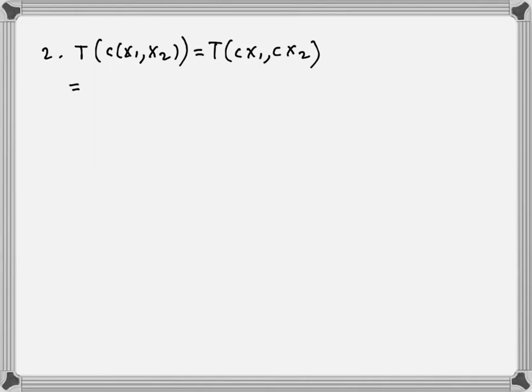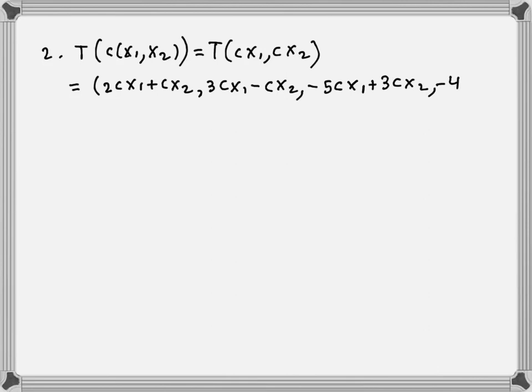This is equal to 2cx1 plus cx2, 3cx1 minus cx2, negative 5cx1 plus 3cx2, and then negative 4cx2.